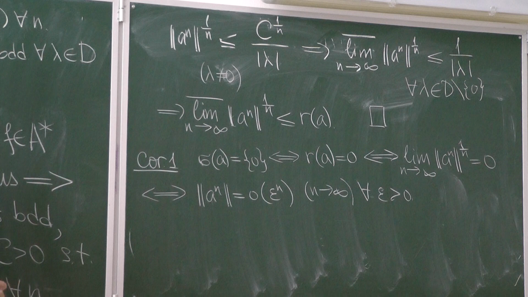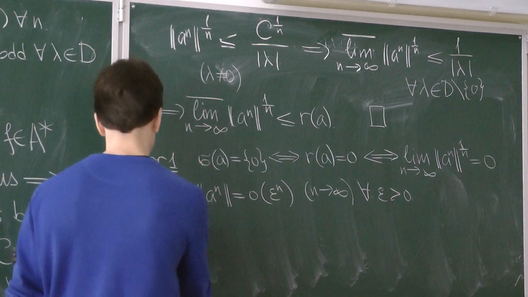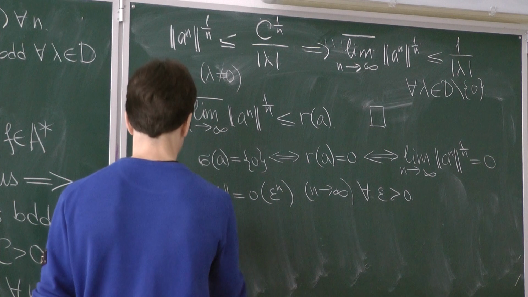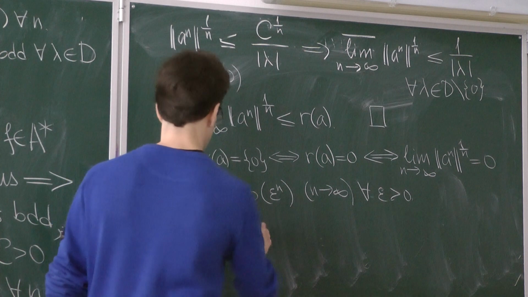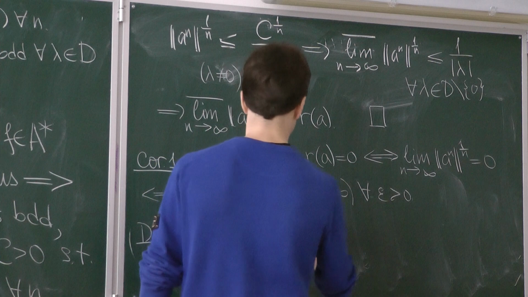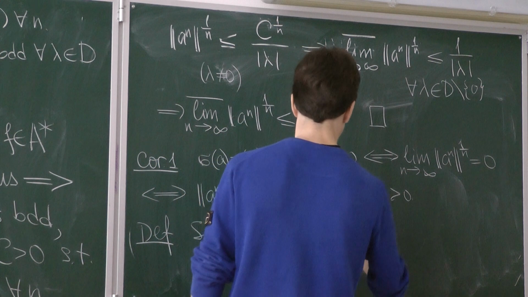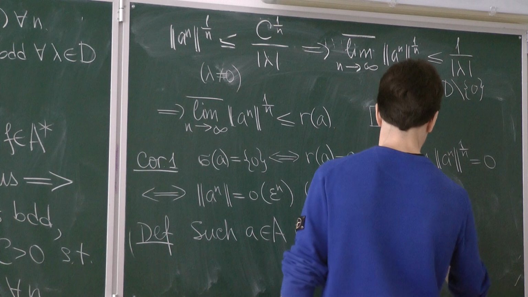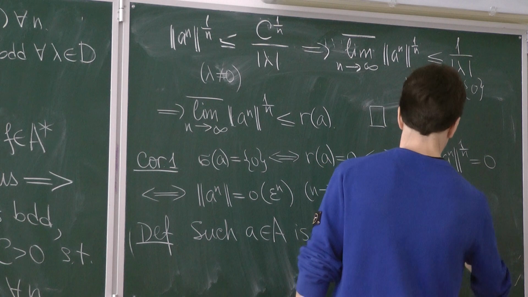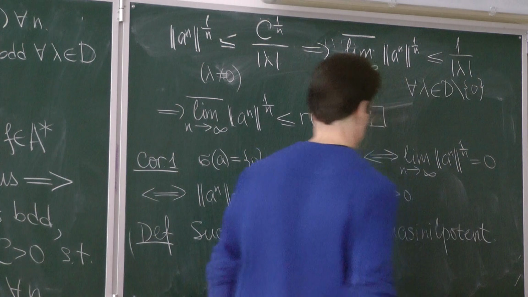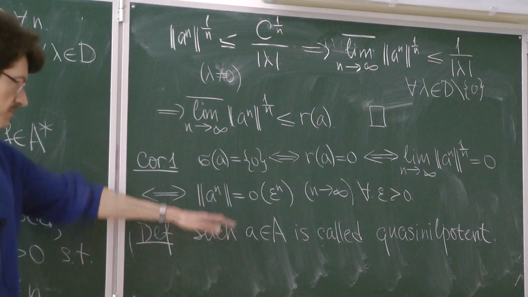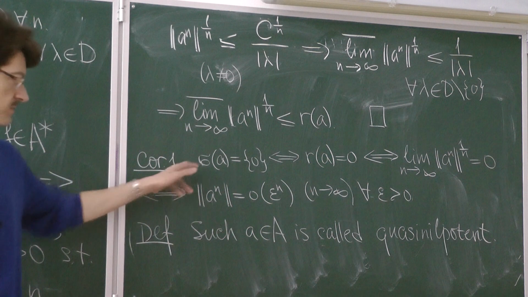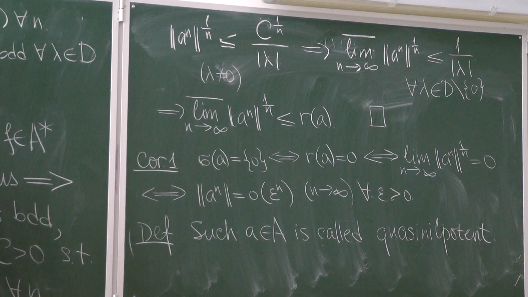There is a special name for such elements. Such an element a is called quasi-nilpotent. If it is nilpotent, then of course this condition is satisfied because this sequence is eventually 0.